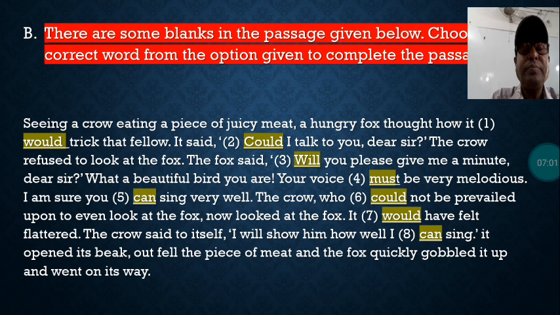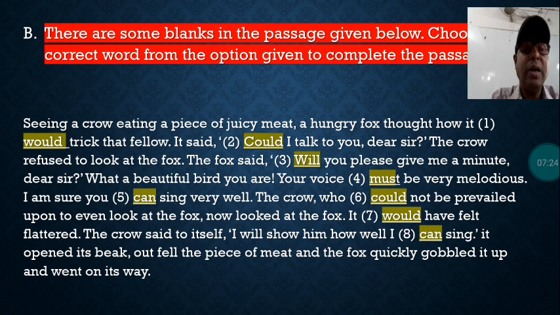So you can see here, seeing a crow eating a piece of juicy meat, a hungry fox thought how it would trick that fellow. Here there are three options given, that is can, could and would.